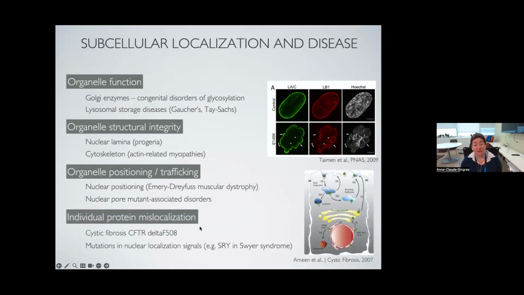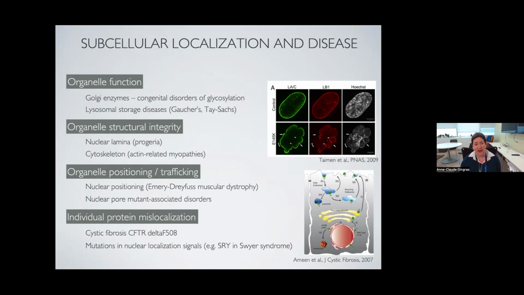And lastly, you can have, of course, individual proteins that mislocalize, and the poster child for that is the cystic fibrosis mutation at delta 508, which, if corrected by now a number of different agents, can essentially rescue the function and recover from the disease.